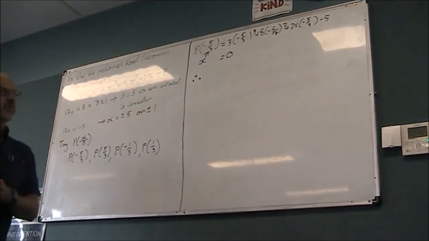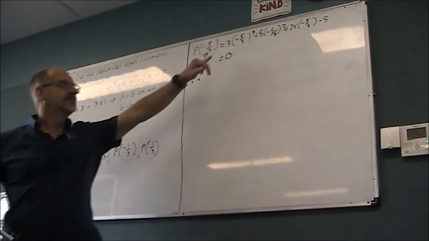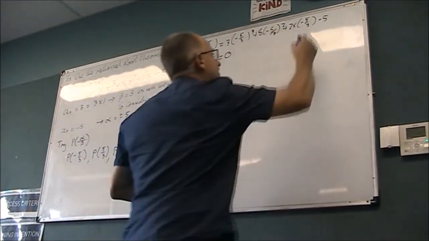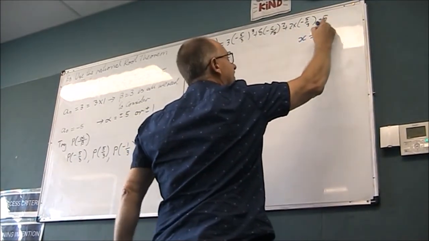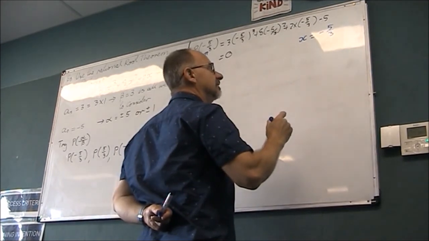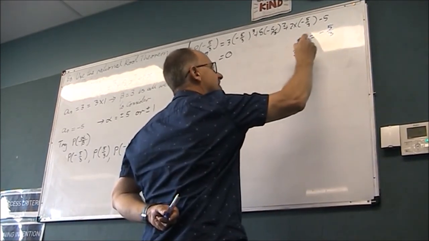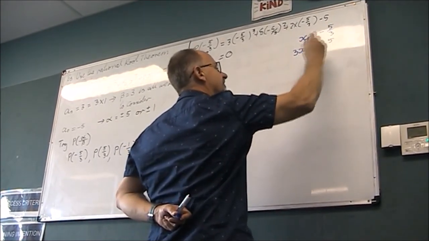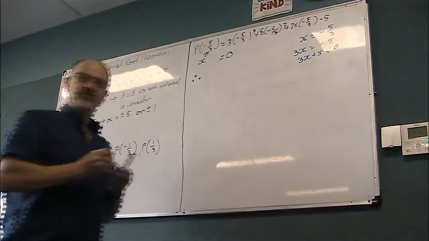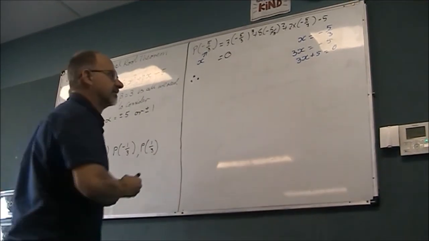Didn't we put it in for x? So if x is equal to -5 on 3, then x plus 5 on 3 equals 0, so 3x plus 5 equals 0. So 3x plus 5 is the factor.